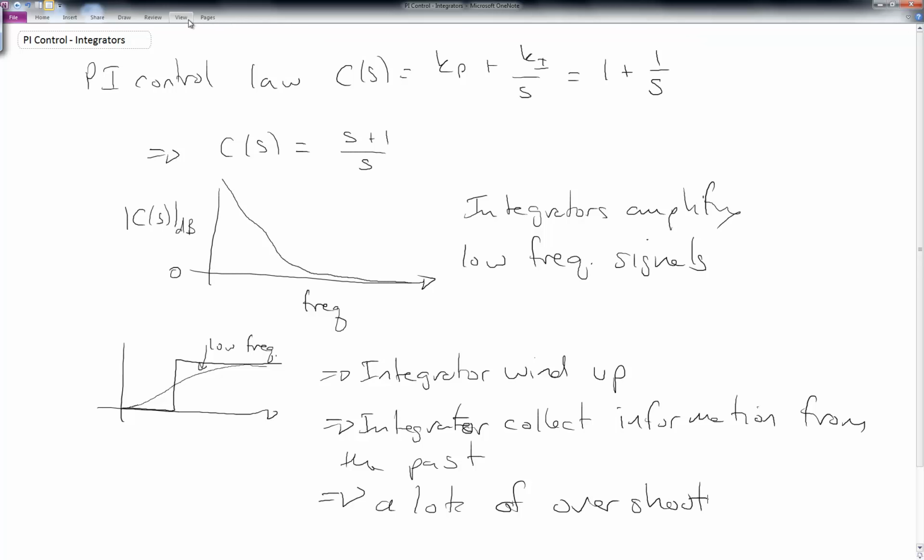So what do we do about this? Well, the concept came along of what we call a lead or lag compensator. It's just another control law, where C(s) is some gain K times (s + z)/(s + p).